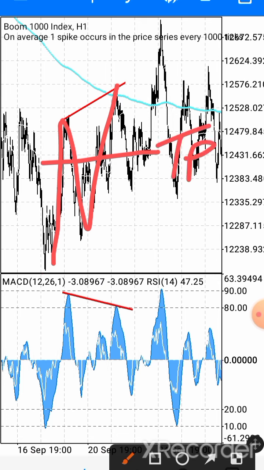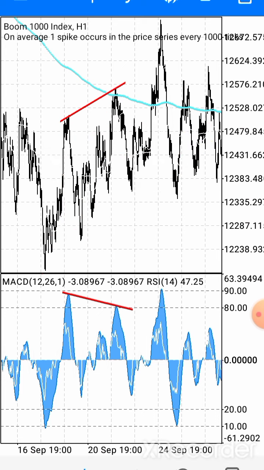You can factor in 25%, 50%, 75%, or 100% of that move, if you want to know where to place your take profit.